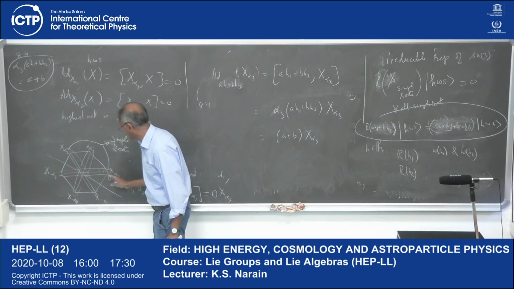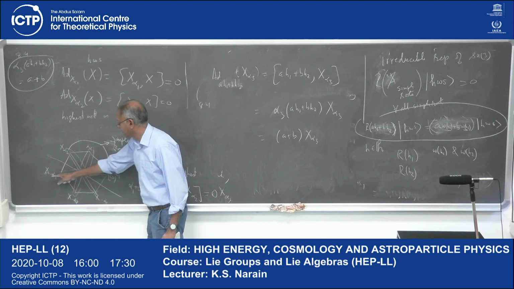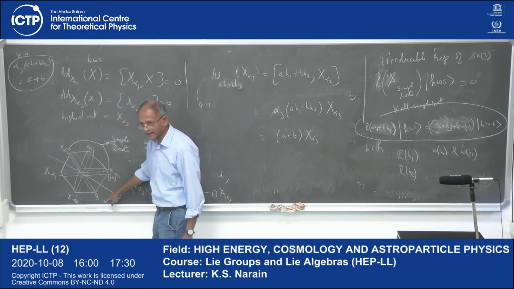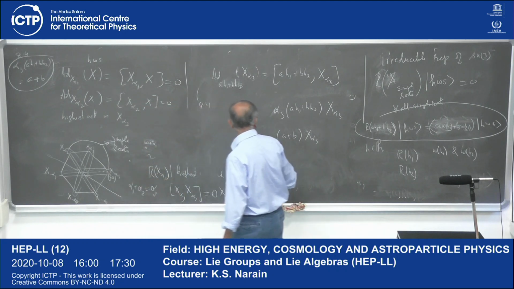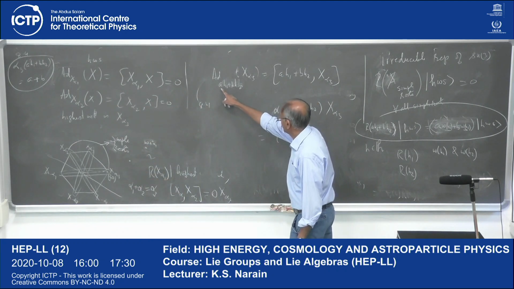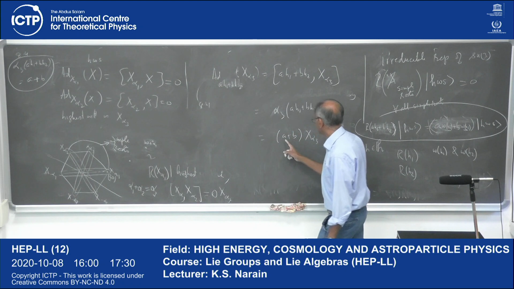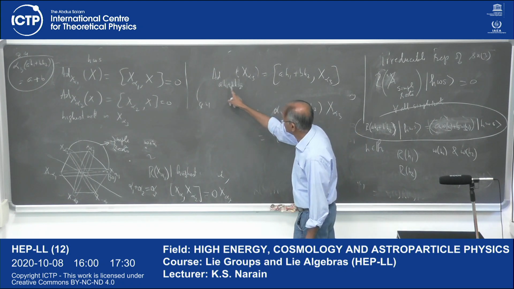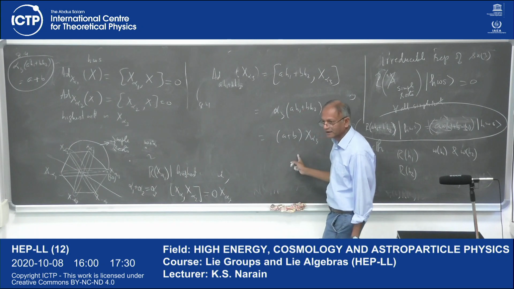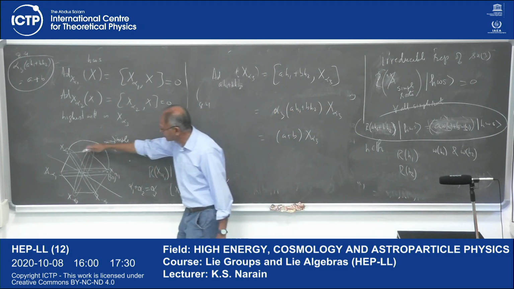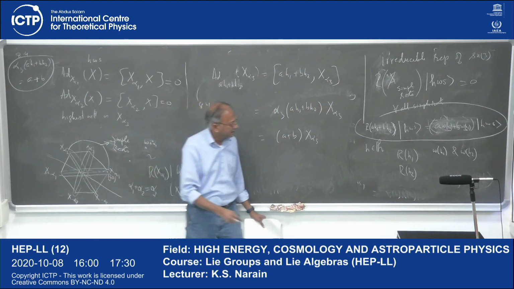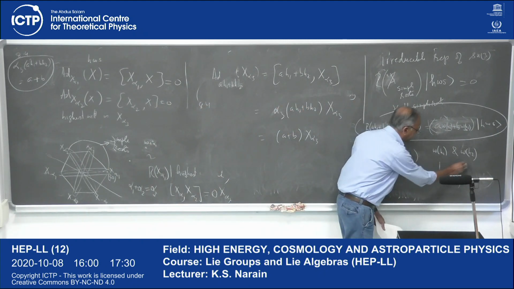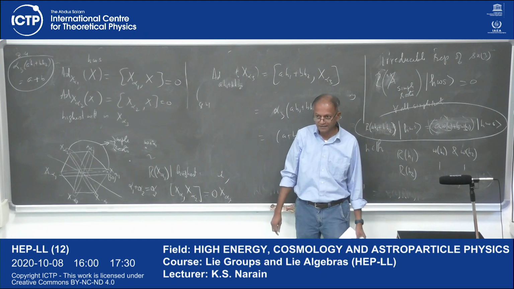So now we look at these two SU2s. One SU2 was generated by x alpha 1, H1, x minus alpha 1. The other SU2 was x alpha 2, H2, x minus alpha 2. If I had taken A equal to 1 and B equal to 0, I would get 1. And if I had taken A equal to 0 and B equal to 1, again I get 1. So what I was calling WH1 and WH2 is simply 1, 1 in this adjoint case.